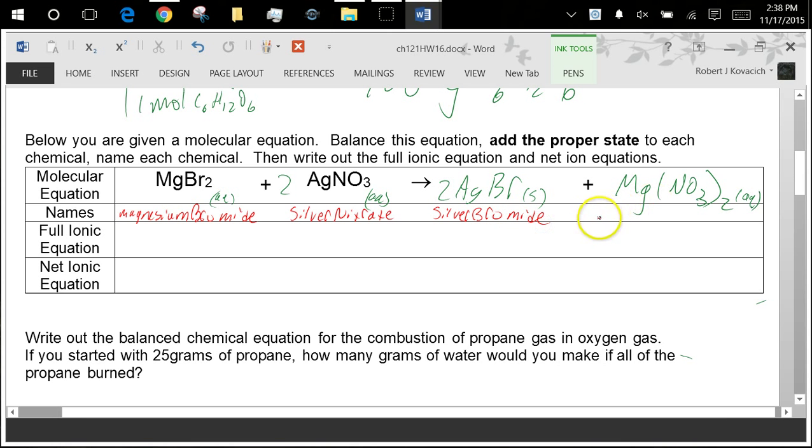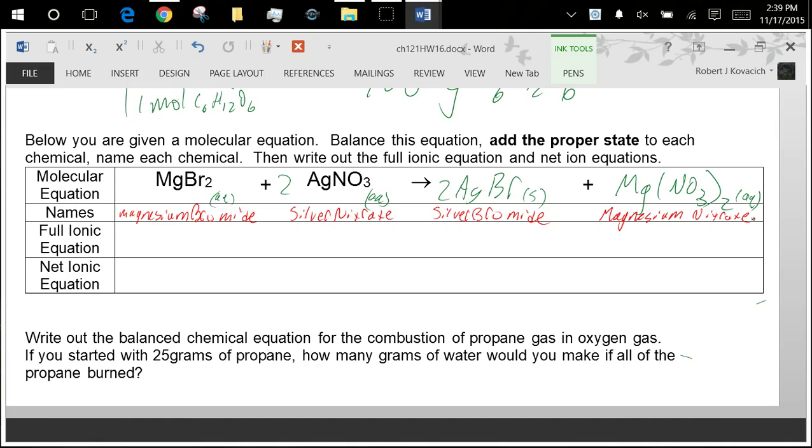The last one. Okay. So can you imagine when you get this question, you might just get magnesium bromide and silver nitrate react? Because I'm expecting you to already know how to get the formula from those, right?